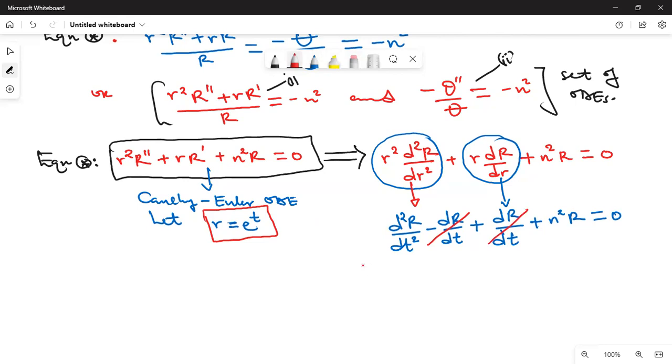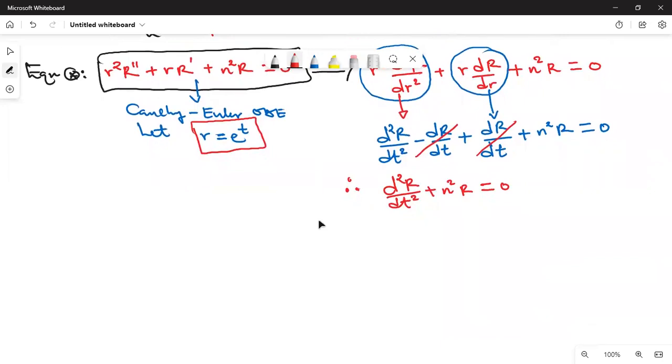So this therefore means that d squared r dt squared plus n squared r equals 0. Now you can write this in terms of the d operator. A correction here.